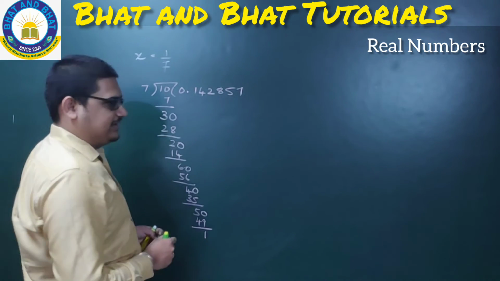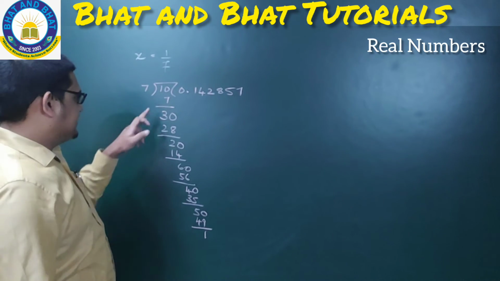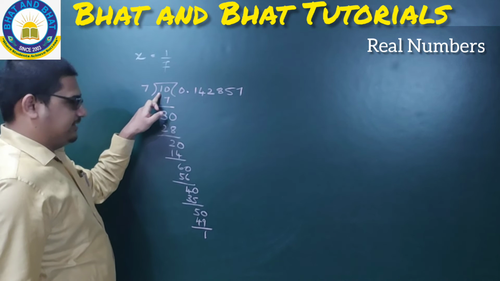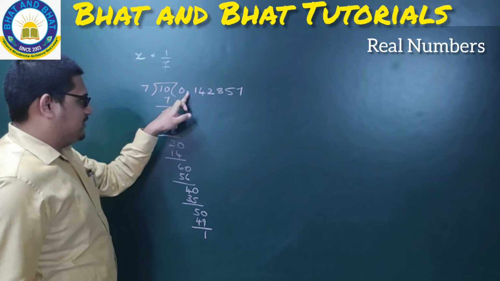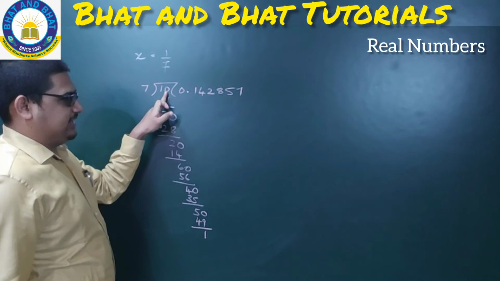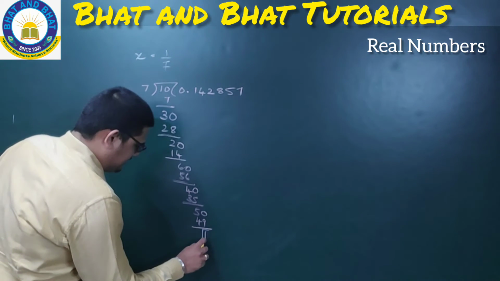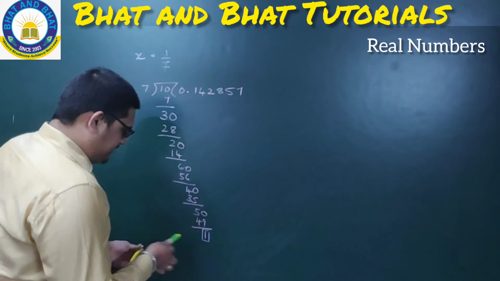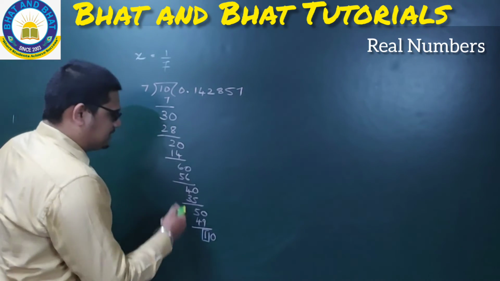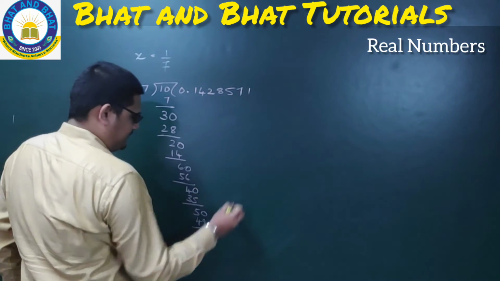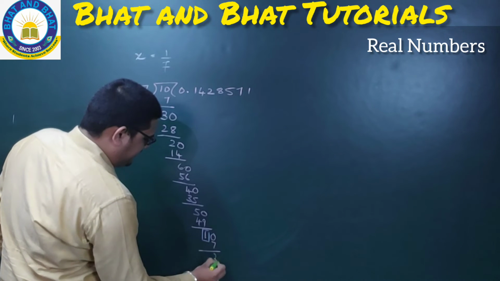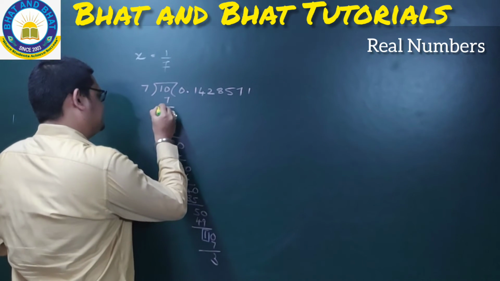Why am I stopping here? You observe, I started with digit 1 and I took a decimal value, made it as 0 here, correct? I started with 1 and you observe here, I am getting 1 again. That means I will be taking 0 here and starting the process. 7 ones are 7, 3 is the remainder.